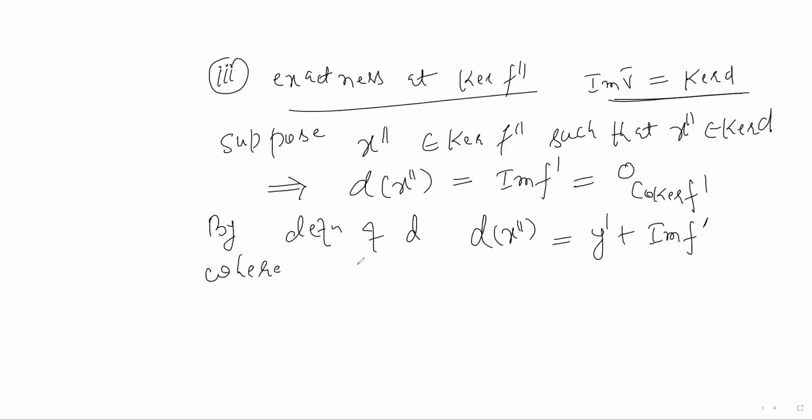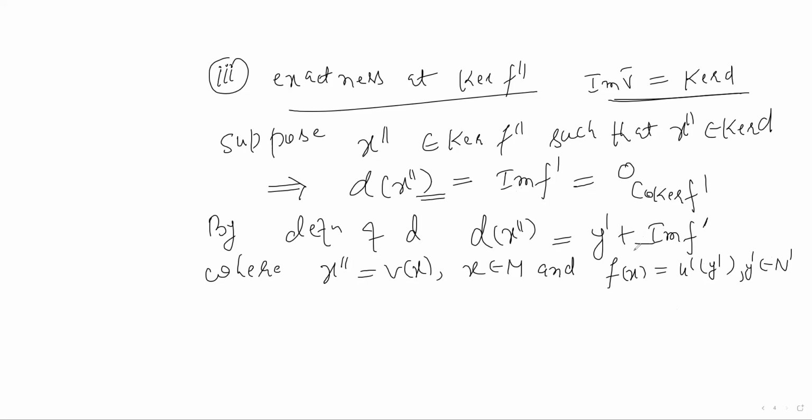by construction of d, if you remember, x double dash आपका है v of x in m, and f of x is actually u dash y dash in n dash. This is by definition of d. So यहाँ से आपके पास, now these two equations are same, so therefore this implies actually that y dash belongs to image of f dash.